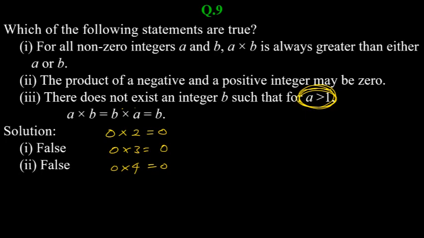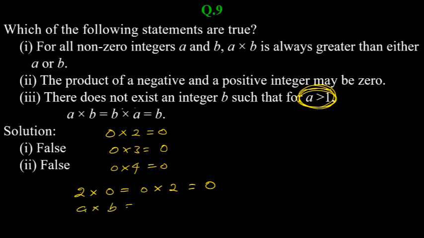Okay. Even if I said your answer correct or wrong, those who were able to give me the examples, only those answers will be considered as correct. So in this case, you can write 2 into 0 equals to 0 into 2 equals to 0.